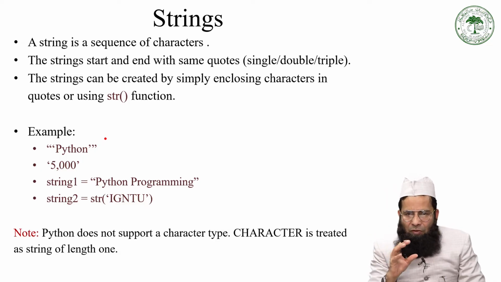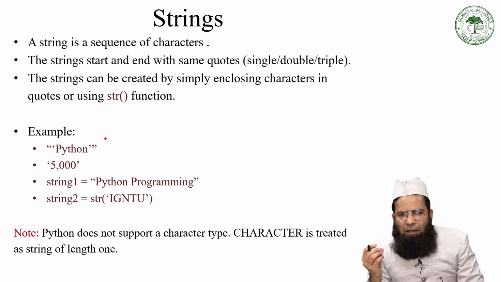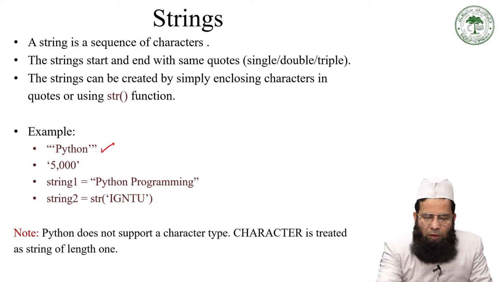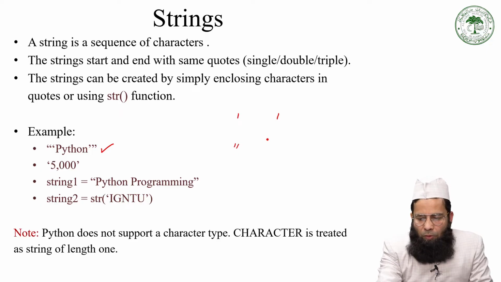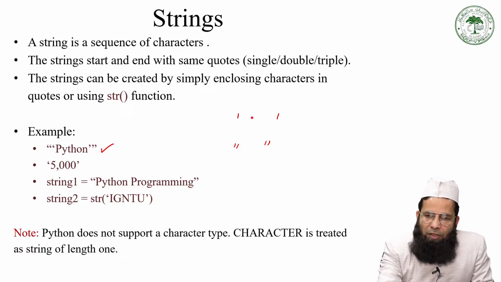A string is a sequence of characters. Let's say if I am writing Python, this is a sequence of characters. The string starts and ends with the same quotes. Either we can use a single quote or a double quote to store any string data.